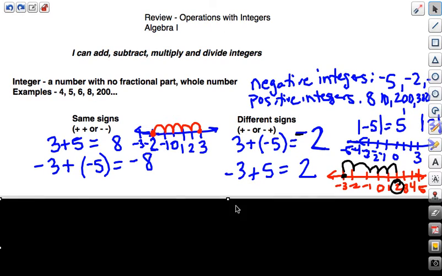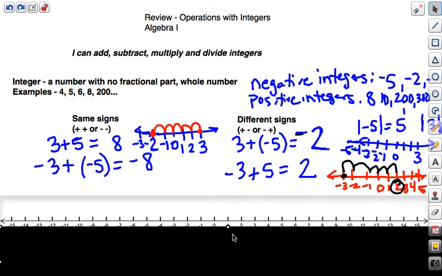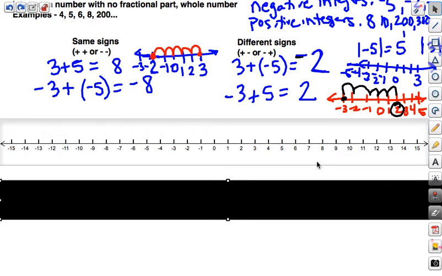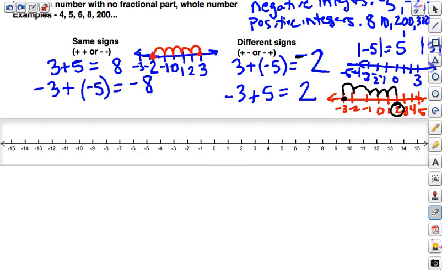Let's do a couple more examples before we move on to multiplication and division. That number line's just there to help us as we look at some more examples. So let's say we have negative 2 plus 3.